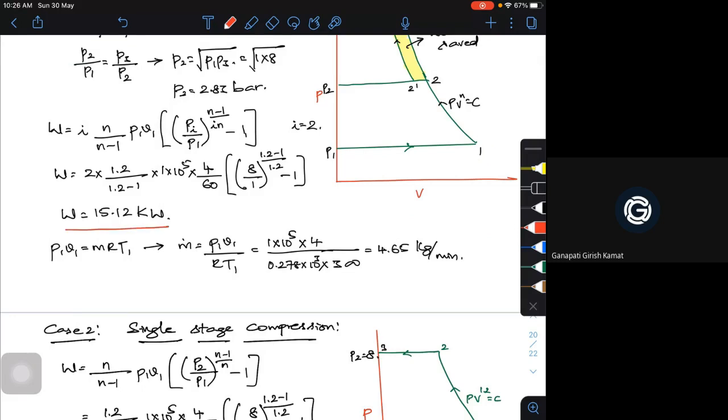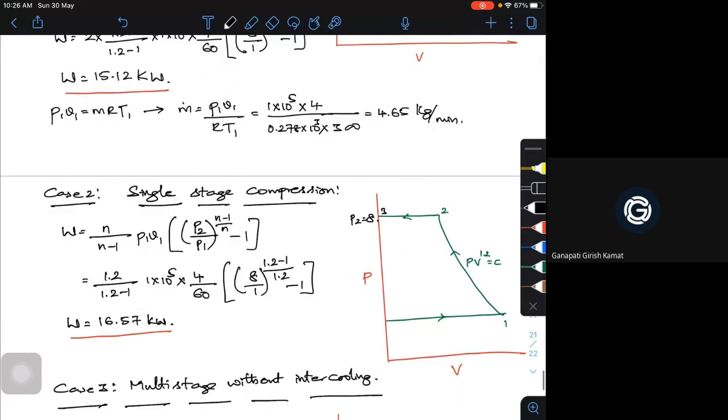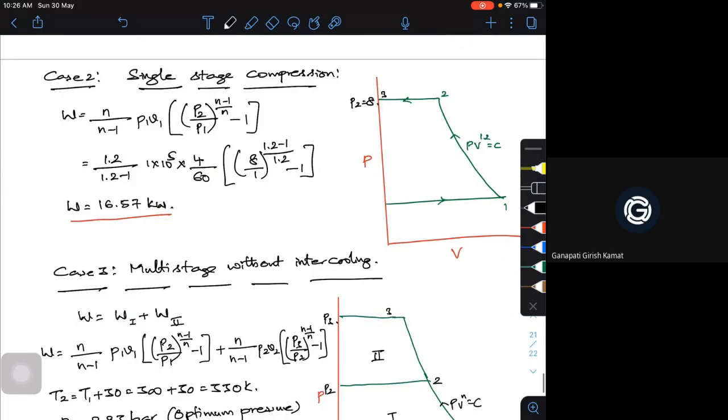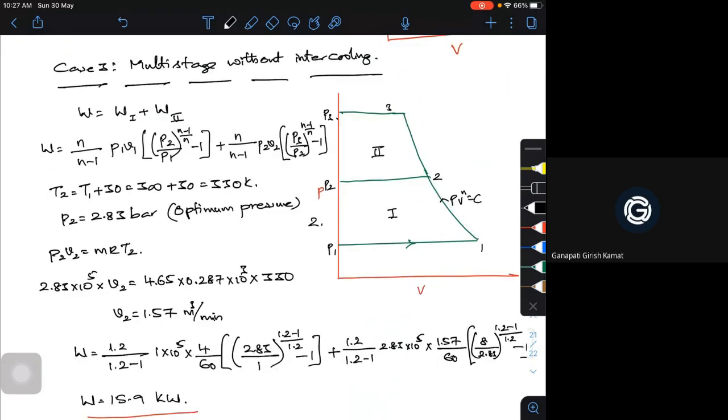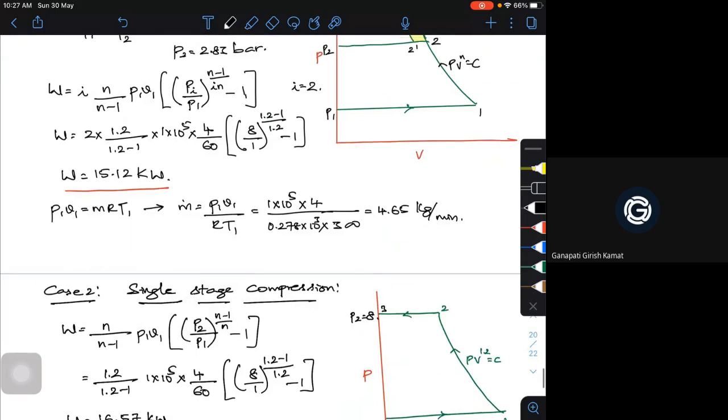What we have studied is that single stage compression will require more work compared to multi-staging. When I go for multi-staging without intercooling, it will take more work compared to multi-staging with intercooling.